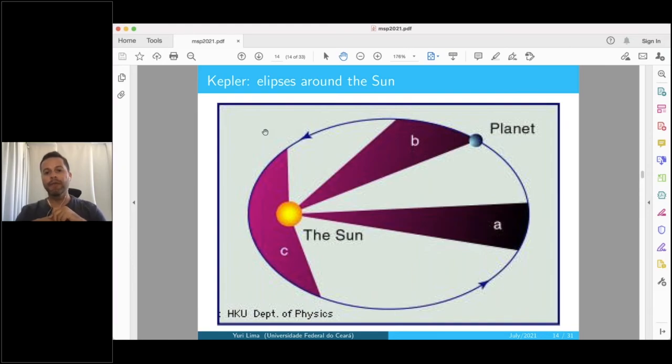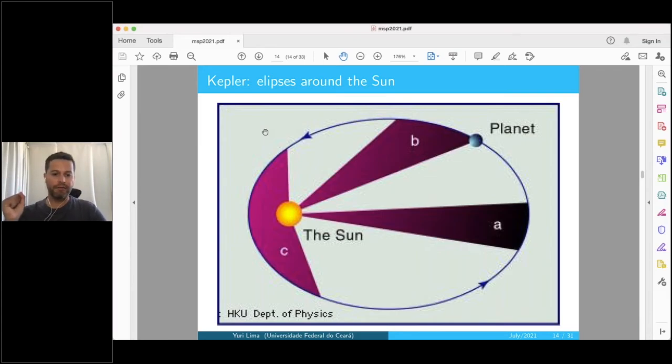And fortunately, the predictions that he made out of this change were very, very good. So this convinced people that perhaps this was what was actually happening in the universe. Things should move around ellipses and not circles. All right. So this was the big improvement that Kepler gave to the history of the models for the universe.